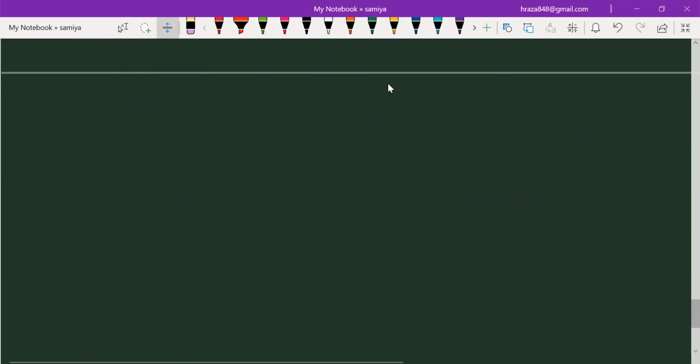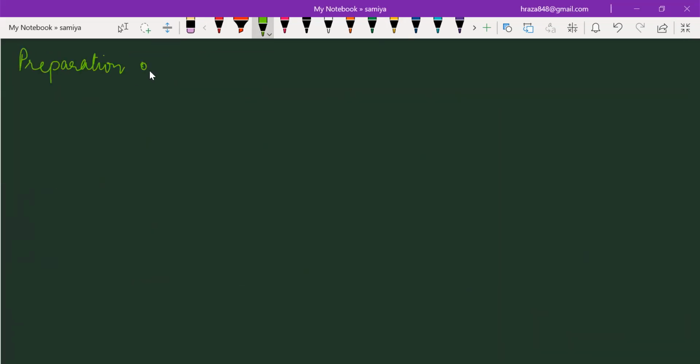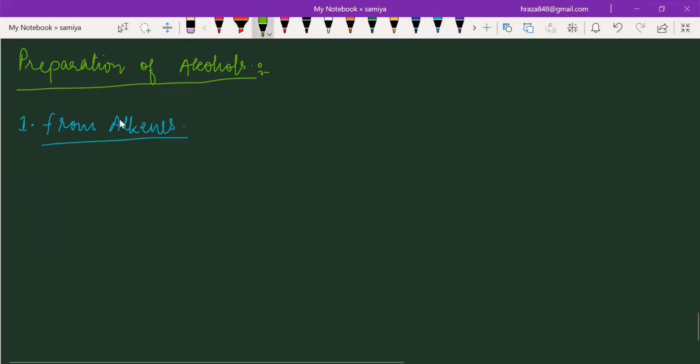Now we are going to start preparation of alcohols. There are many ways to prepare alcohol, and we will study some of them. The first is from alkenes. How are we going to prepare alcohol from alkenes?